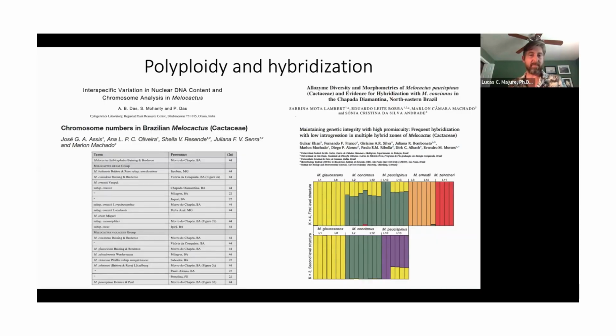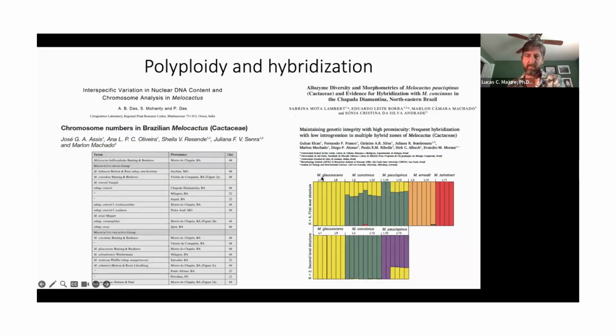Probably what that means is those species could have been derived from hybridization between one species and another species that hybridized naturally. They crossed to form that hybrid, and then the hybrid doubled its chromosomes, so those chromosomes could pair and it could become fertile again, right? This is something that happens really commonly in Melocactus, and so it could give us a hint at how Melocactus has been diversifying throughout its evolutionary history.